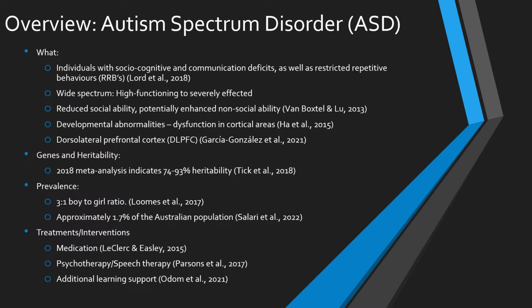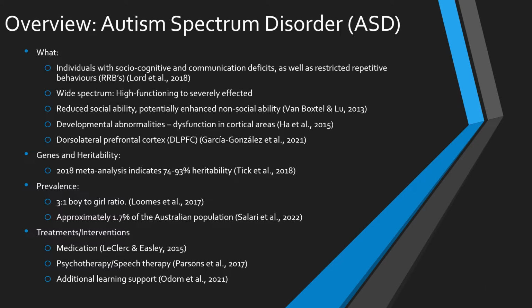ASD is associated with both developmental abnormalities in addition to dysfunctional neuronal activity in cortical areas, most commonly within the dorsolateral prefrontal cortices. A 2018 meta-analysis conducted by Tick et al. indicates approximately 74 to 93% heritability of ASD, and prevalence is such that males and females are diagnosed at about a 3-to-1 ratio, meaning that for every female diagnosed, 3 males are also diagnosed.